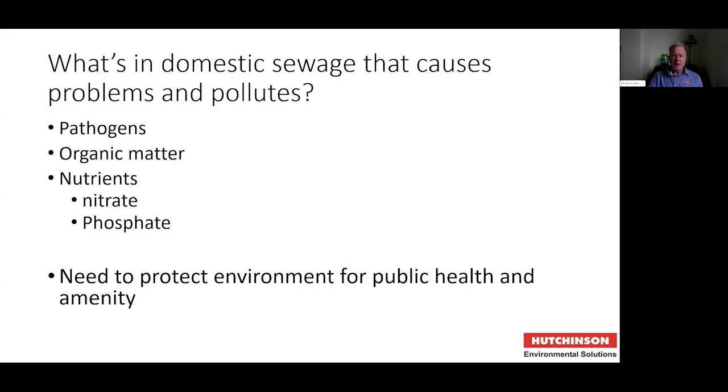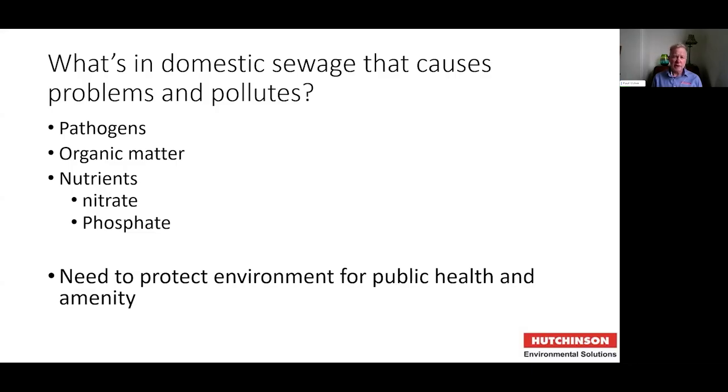So what is it in domestic sewage that causes problems and pollutes? So we've got pathogens, so viruses, parasites, bacteria, which can cause infectious diseases, some of which can be very serious. So that's one issue. There's organic matter. So that's really our waste.